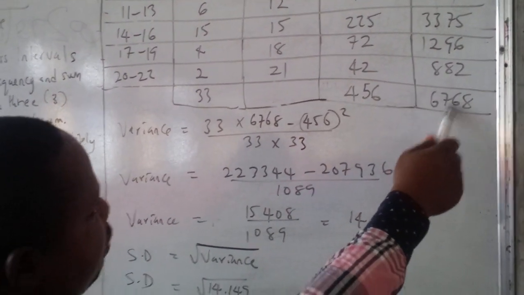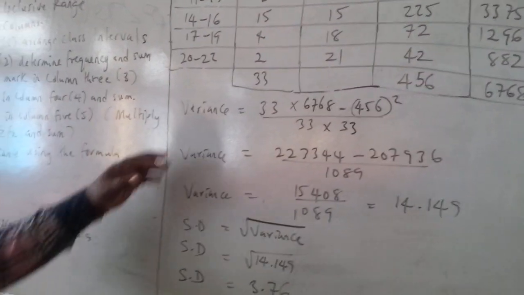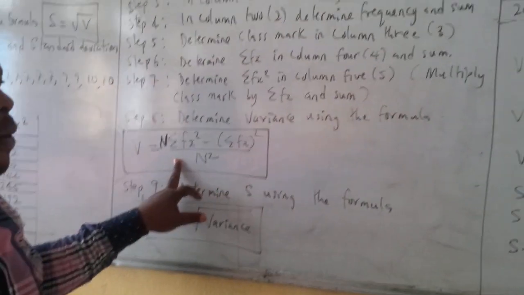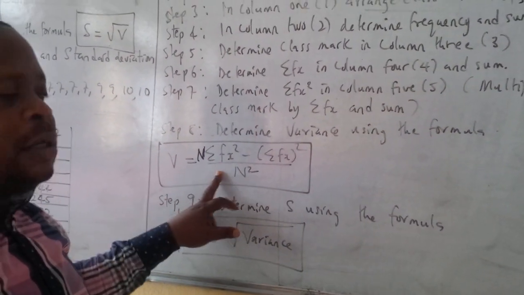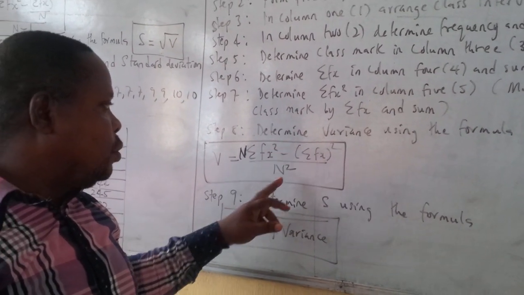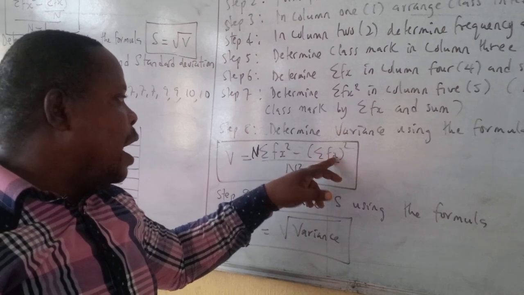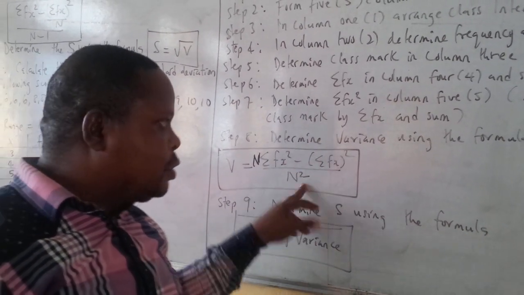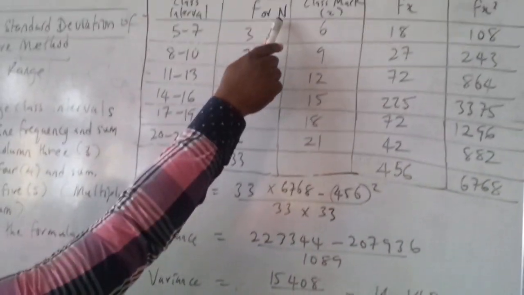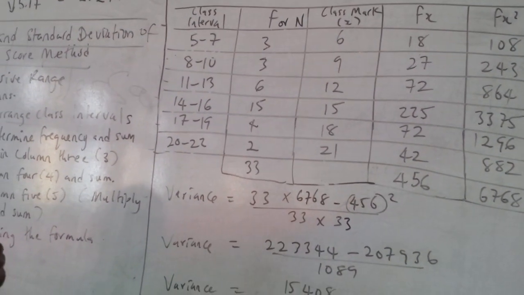That's 6,768. Now, you apply this formula here. We have talked about this formula before. Use it in obtaining variance. Variance is equal to n times the sum of fx squared minus the square of the sum of fx, all over n squared. Now, n, I've already emphasized it, n here is 33.